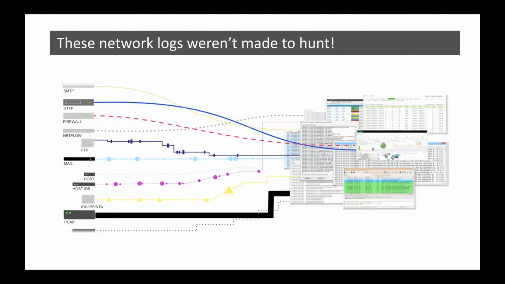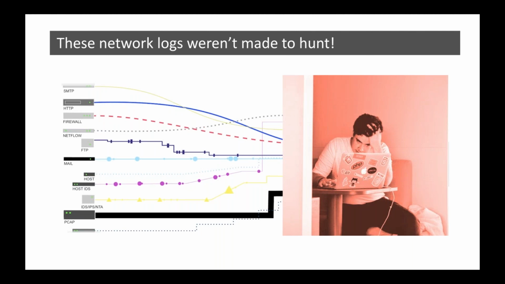So it's more IT geared for network performance monitoring or troubleshooting or debugging, right? Your firewall logs are going to contain a lot of information that the IT team might need to debug that particular firewall. Not necessarily useful to the security team, and also probably not capturing information that security teams might be interested in. And the problem at the end of the day is that these logs, they weren't made to hunt.